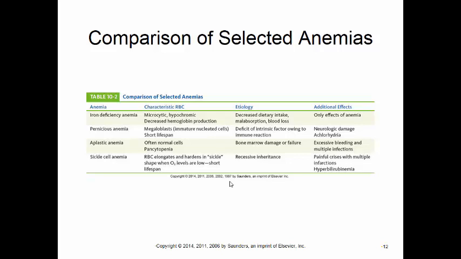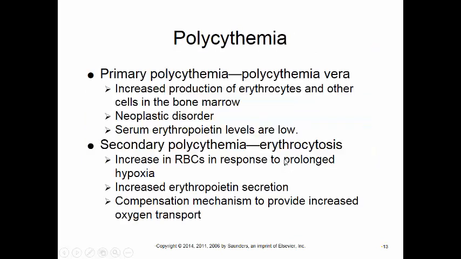And what we see is red blood cells that are often smaller and have a decreased amount of hemoglobin production. Okay, and then pernicious anemia, which is a vitamin B12 deficiency caused by deficiency of intrinsic factor; aplastic anemia, damage to the bone marrow; and then sickle cell anemia, which is the hemolytic anemia due to genetic inheritance.